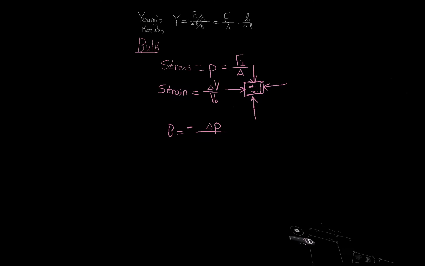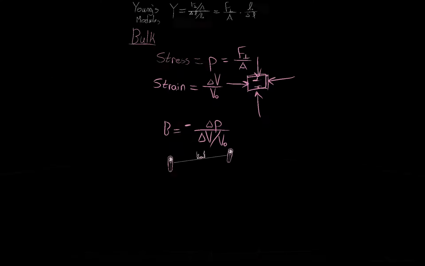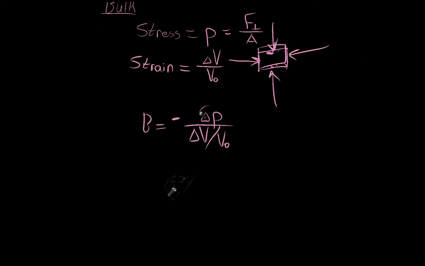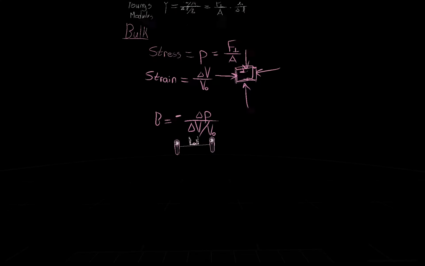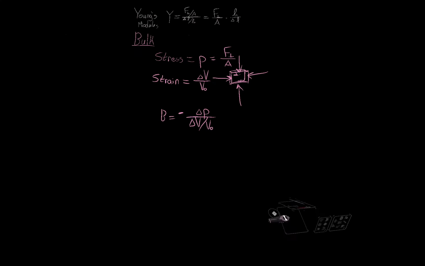Let me check that. Yeah, that's correct. So the amount of pressure change that happens causes a volume change. The minus sign we talked about is because it's compressing things.